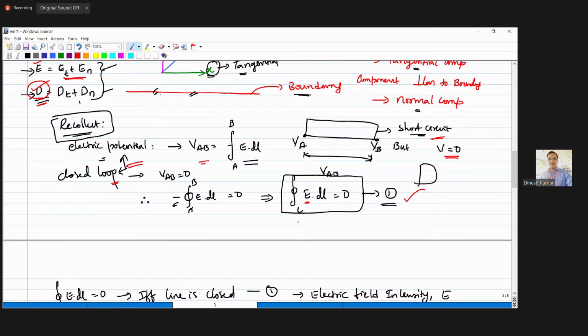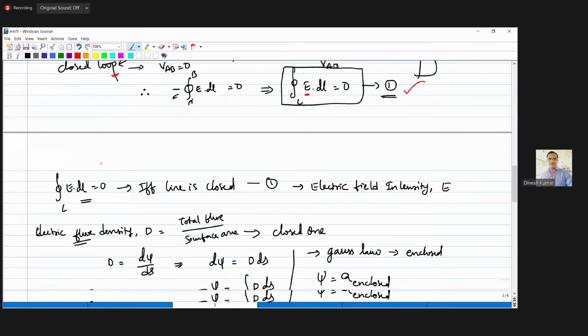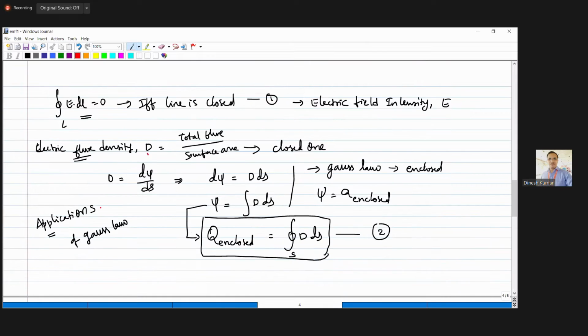And now later we have electric flux density. As we have already done many times in applications of Gauss law, the same derivation I have done again here, where we have obtained Q enclosed is equal to closed surface integral of D dot dS. Remember that while deriving the conditions for D, we definitely have to consider the surface as a closed surface.